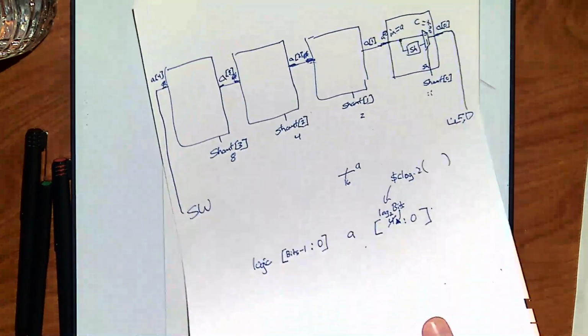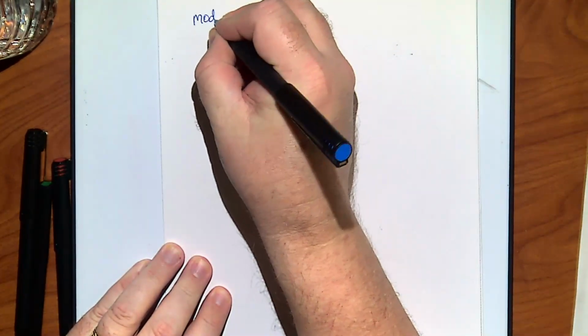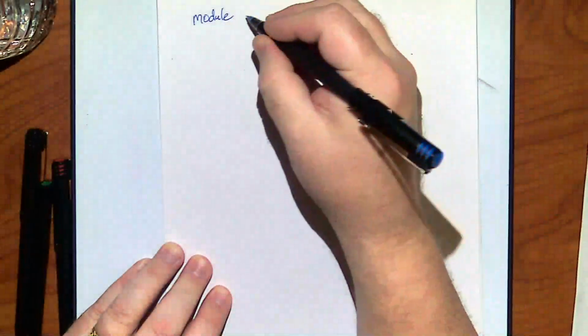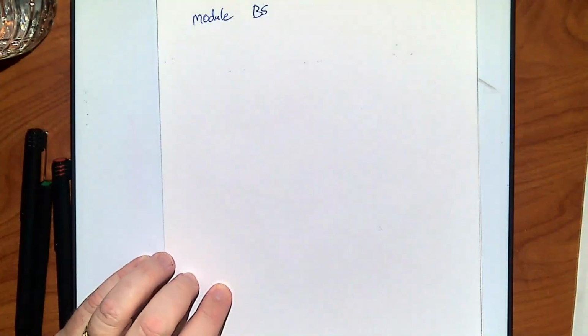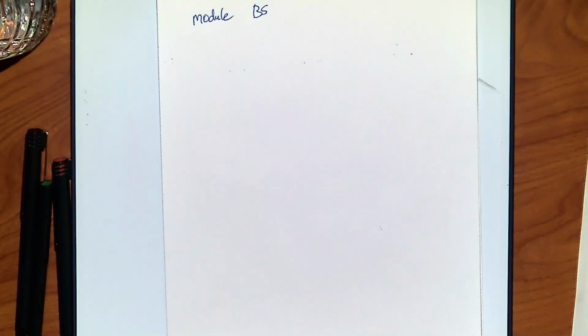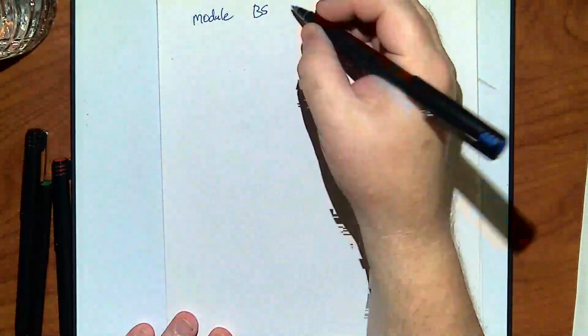So if I were to come in here and do this by hand, we could call this module, and we declare it. I'm going to make a barrel shifter, so we'll call this BS, short for barrel shifter. So module BS, and I want to do parameters.